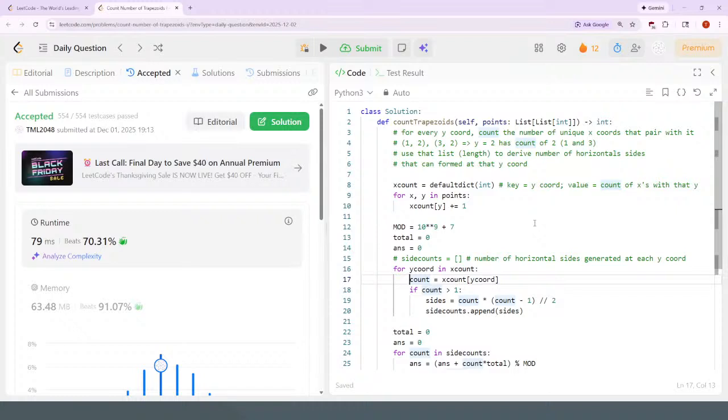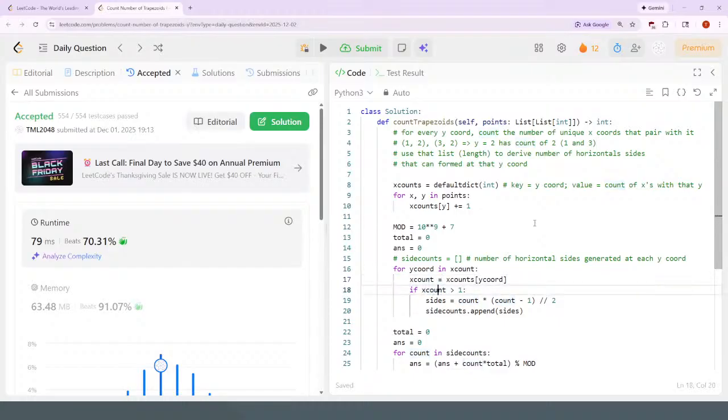Yeah, this is the number of points actually. Alright, I've got to tidy this up. This should be x counts. This is the count of x's at this y, and then the x count itself is from the x counts at this level.